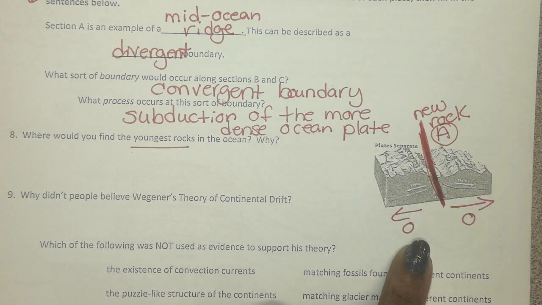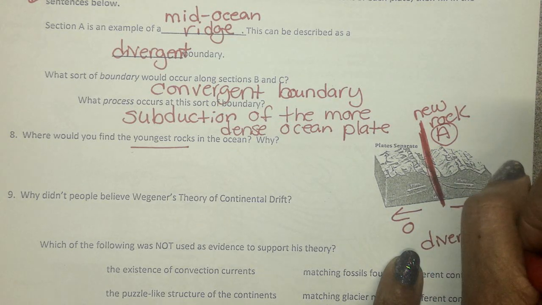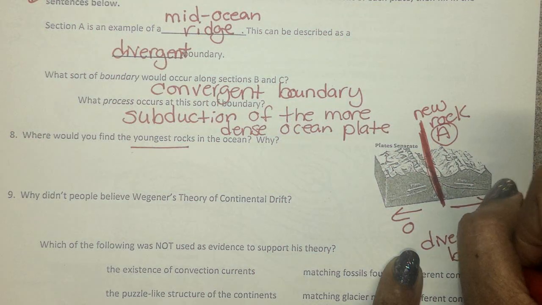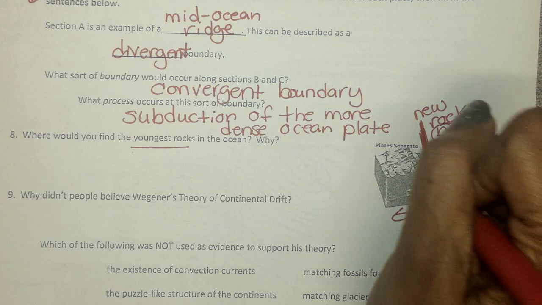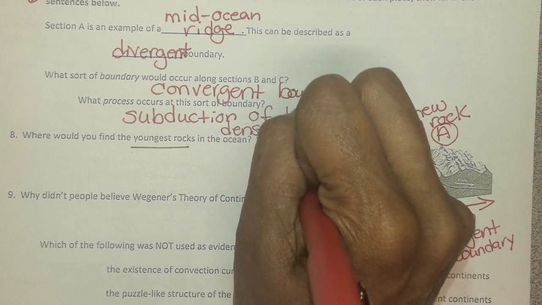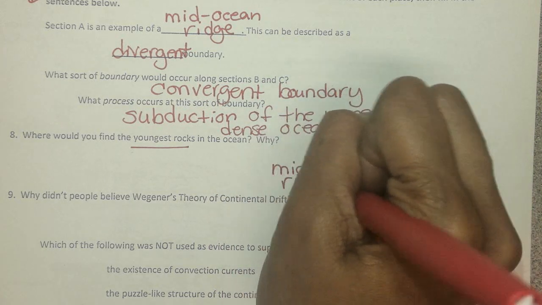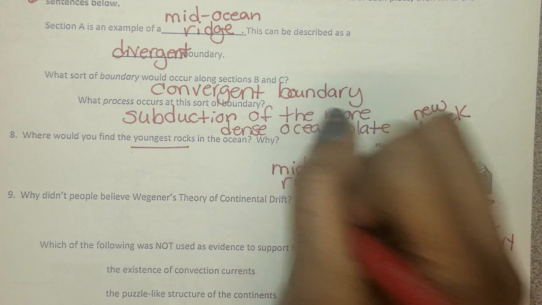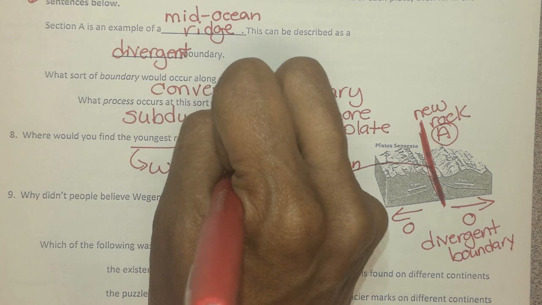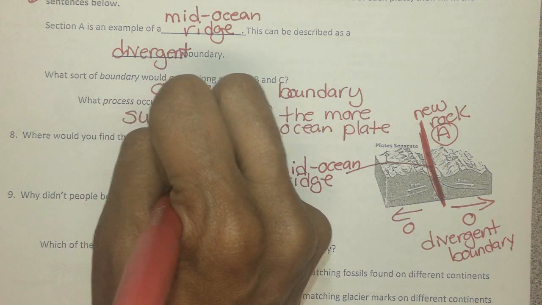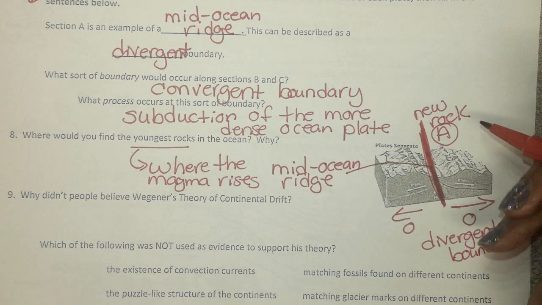We'll call this letter A. And this is divergent. Okay, so the new rock is going to be at the mid-ocean ridge. So the youngest rock is where the magma rises. So the new rock is going to be at A.